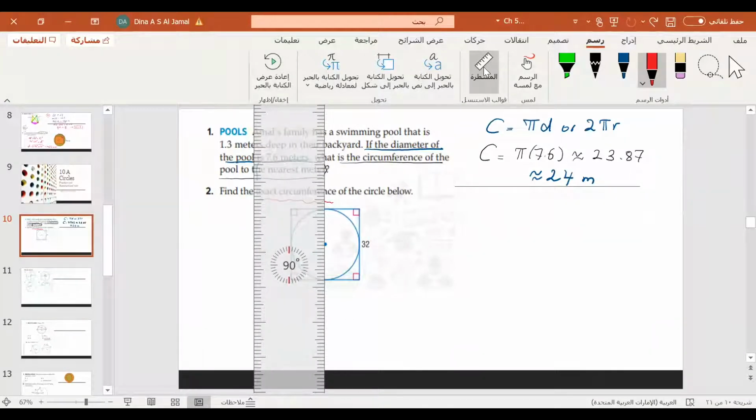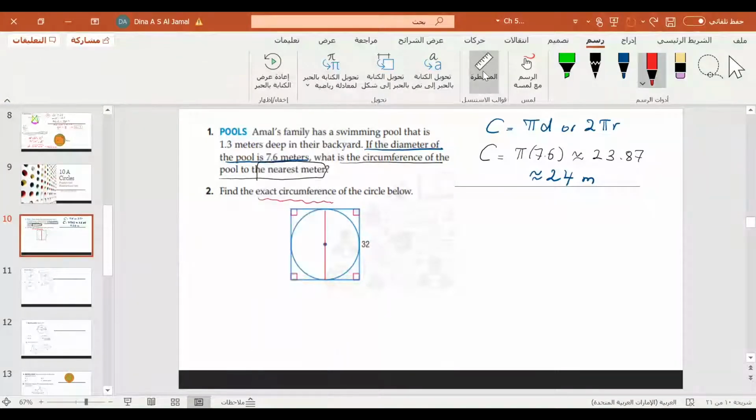So let's move until our center. That means even this segment will have a measurement of 32. And we call any segment passing through the center from one side of the circle to the other side a diameter. So your diameter will be 32.